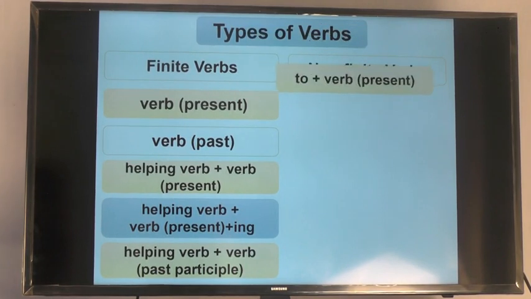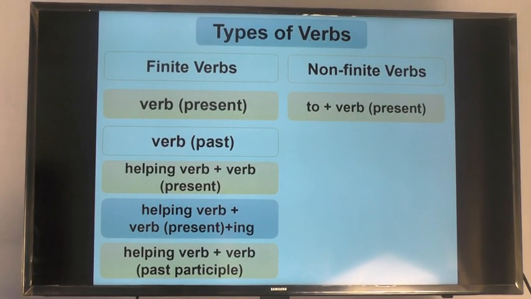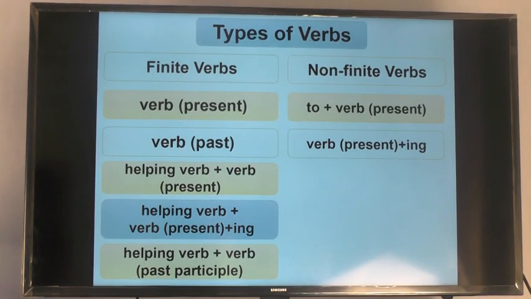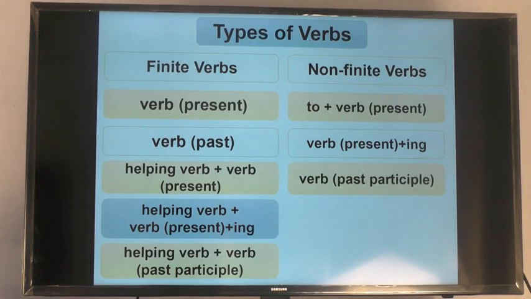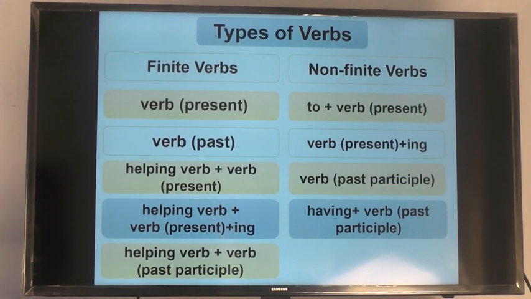On the other hand, the non-finite verbs are: to plus verb's present form, verb's present form plus ing, verb's past participle form, and having plus verb's past participle form.